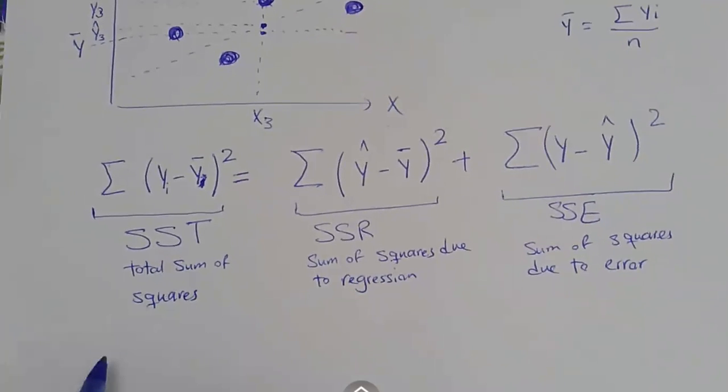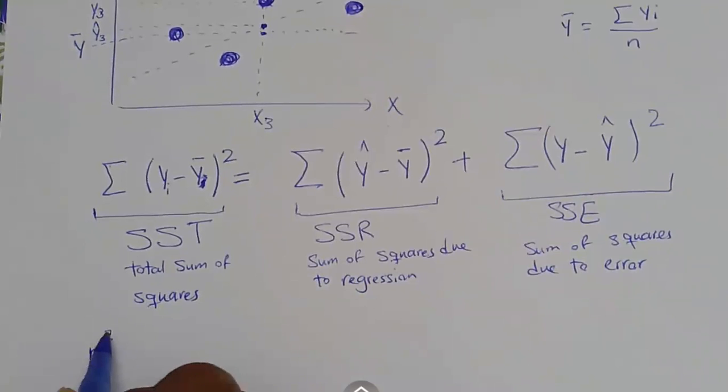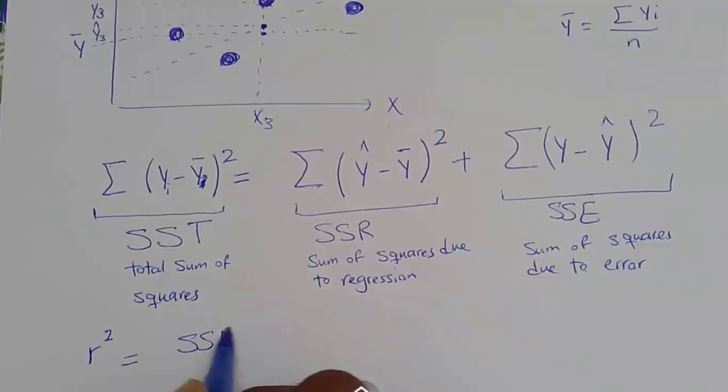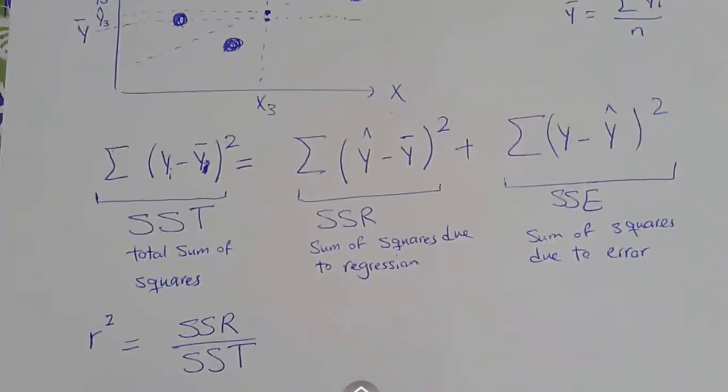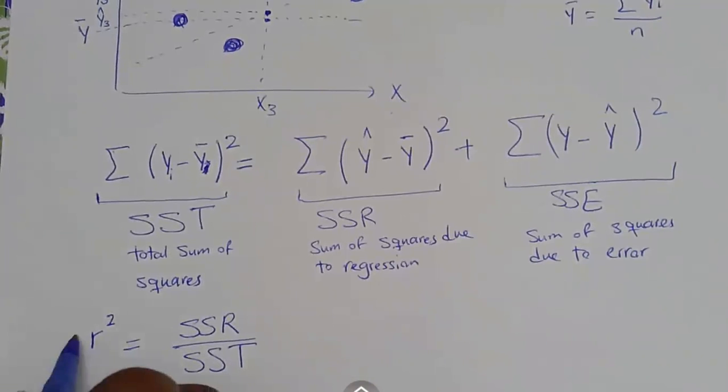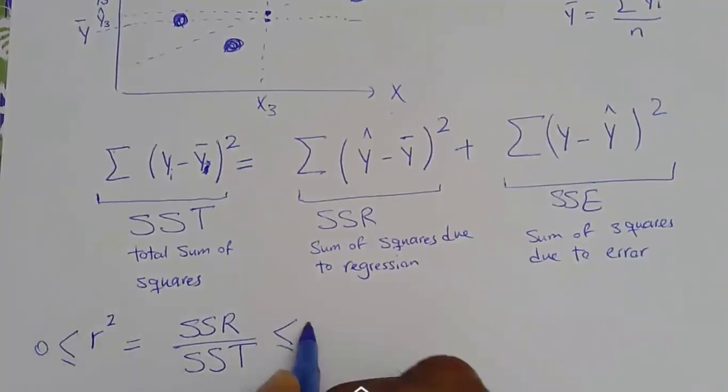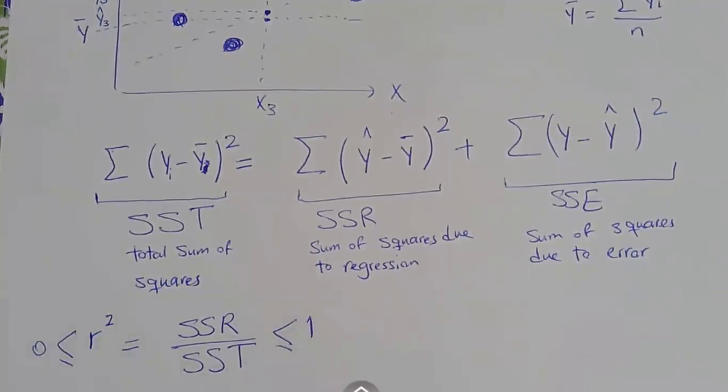All right, so we can define the coefficient of determination, or R squared, as the ratio of SSR with respect to SST. SSR divided by SST is the coefficient of determination, and this value will always be between 0 and 1. So now let's see when this is equal to 1, and when this is equal to 0.